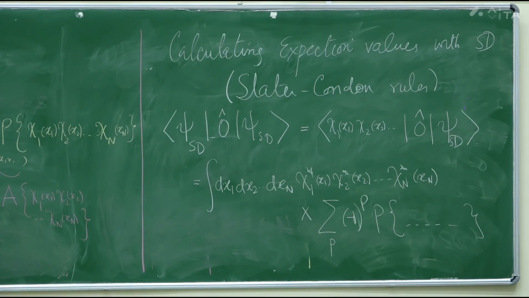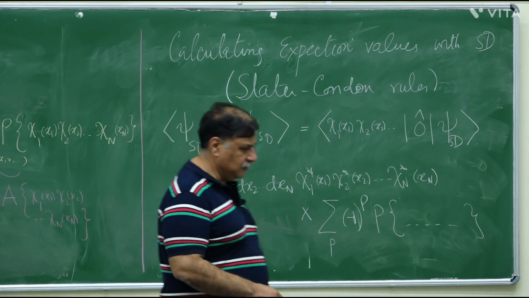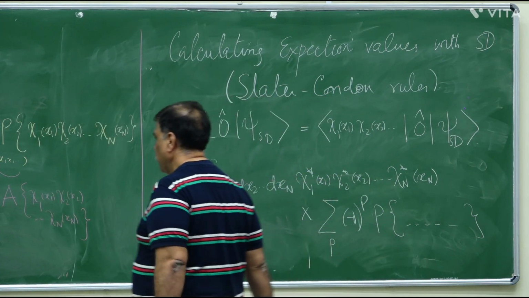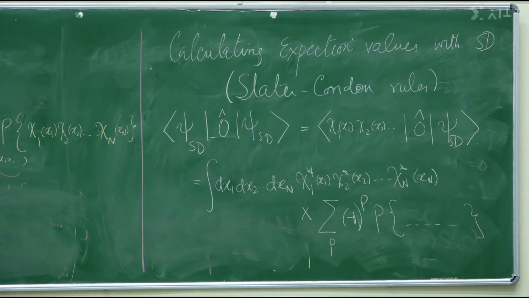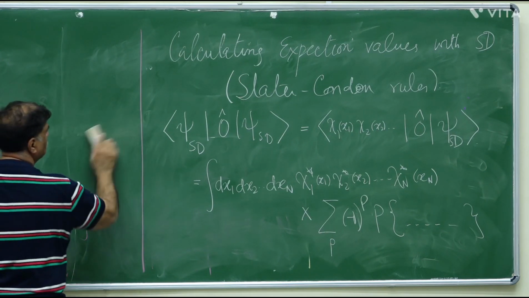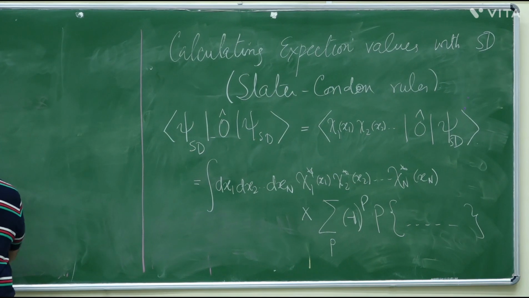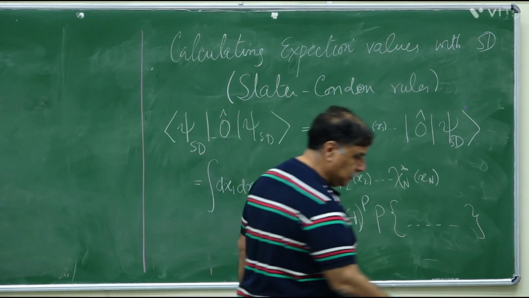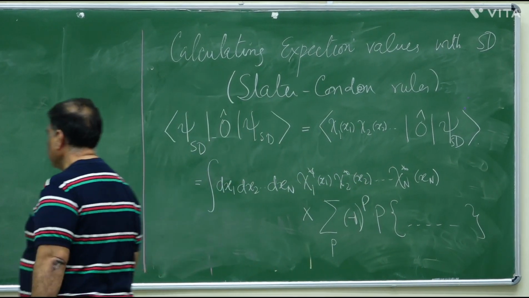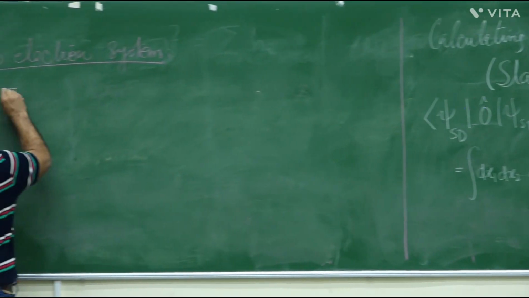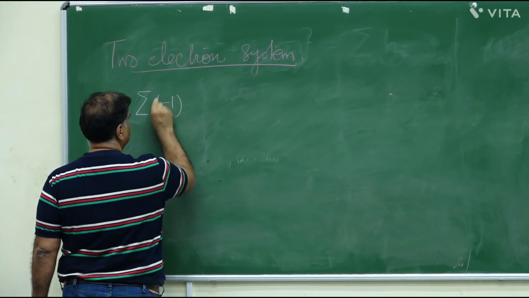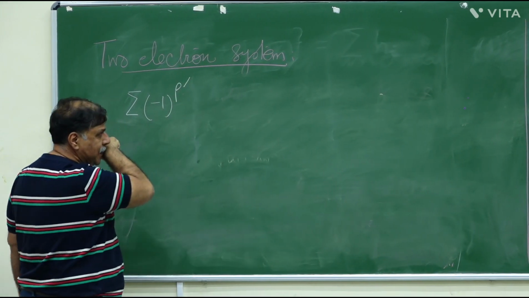Okay, so I first thought I'll give you a proof for this. Let's see. I'll leave it for you, just giving you some steps. What we are calculating in this is essentially the summation of minus 1 raised to p prime.